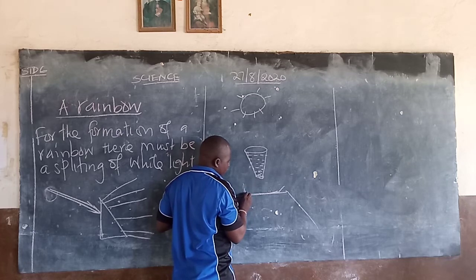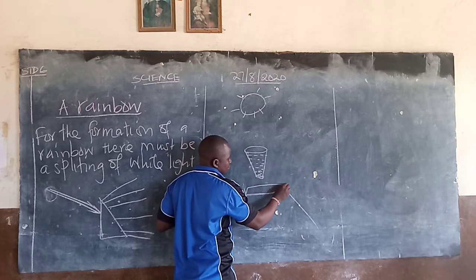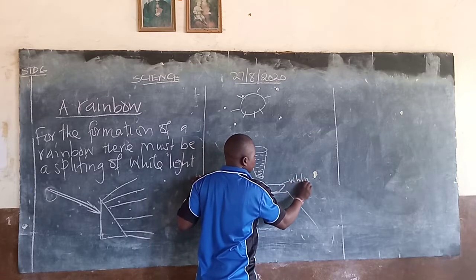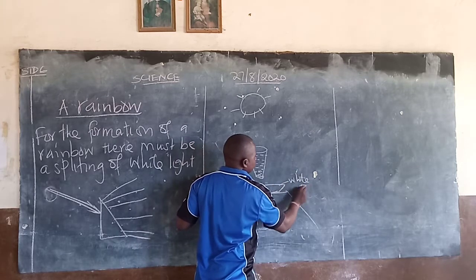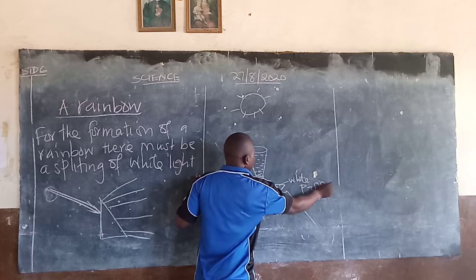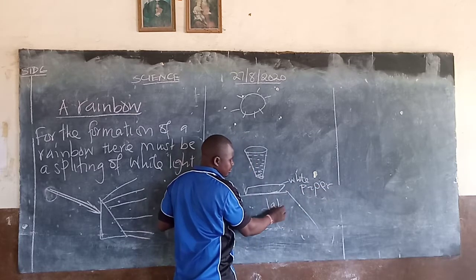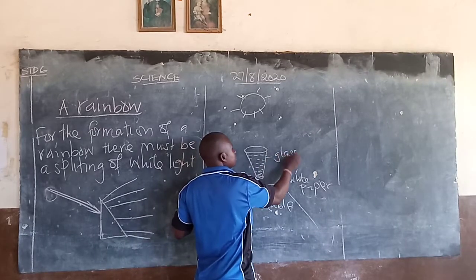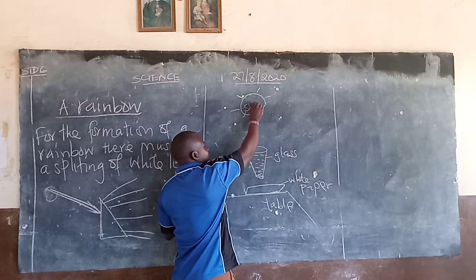So if we have our white paper here, we have the glass, and the source of light, that is the sun.